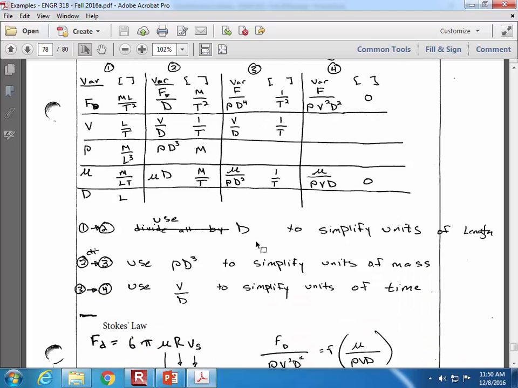All right. What I'm going to do is use velocity divided by diameter to try and cancel out the t in other spots. So for example, if I combine velocity divided by diameter with this bottom term here, I'm going to have to actually multiply this term by d divided by v.